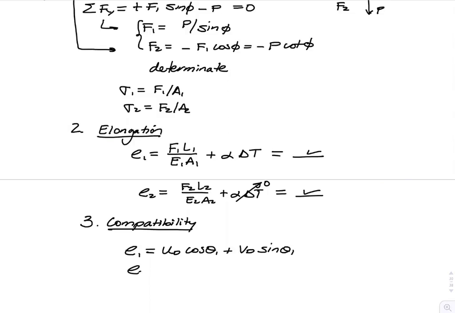And e2 is equal to U sub D cosine theta 2 plus V sub D sine theta 2. So what we see is that since theta 2 is 0, we know that cosine is going to be equal to 1, sine is going to be equal to 0, so there's no distinction between the horizontal displacement of D and the elongation of member 2.